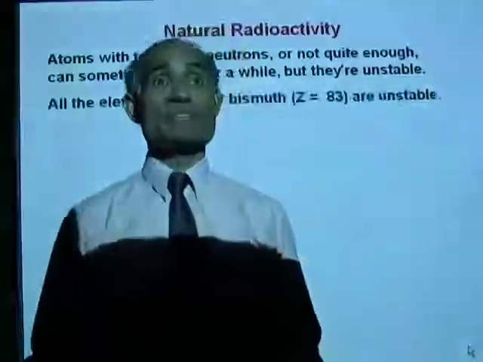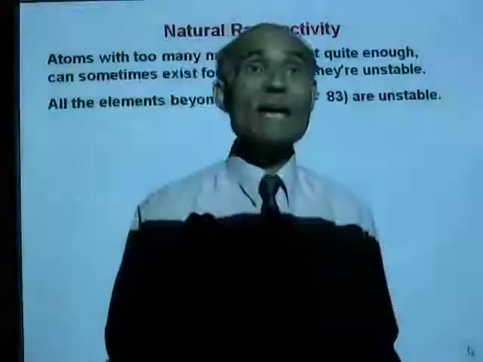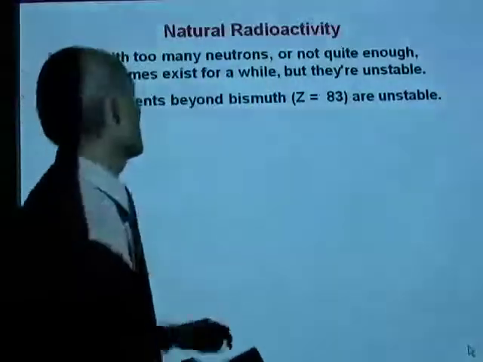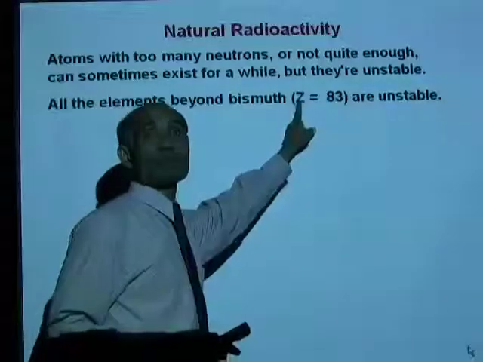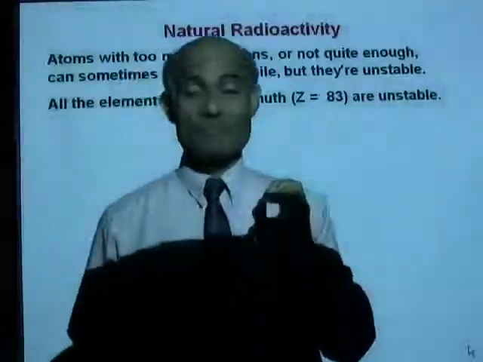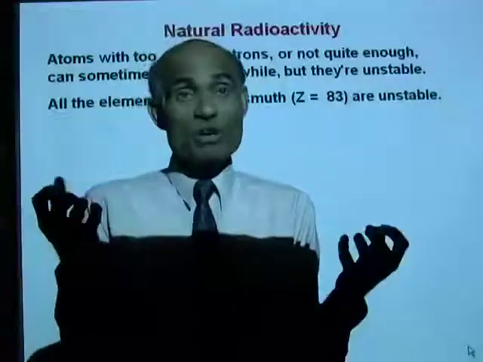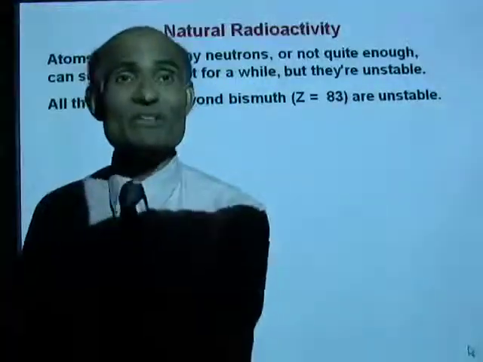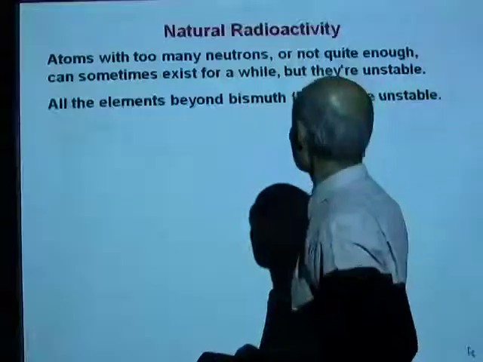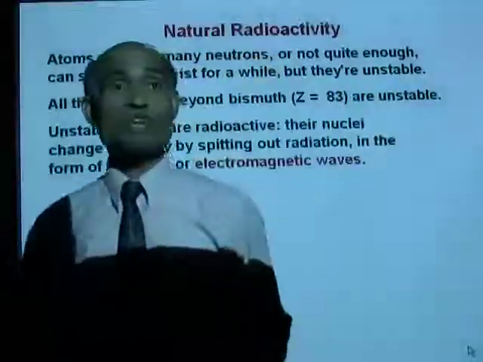And that's what we're going to discuss here. All the elements beyond bismuth, that is atomic number 83, are unstable. They have too many neutrons. So if there are too many neutrons, that will create instability. So all the elements beyond bismuth are unstable.